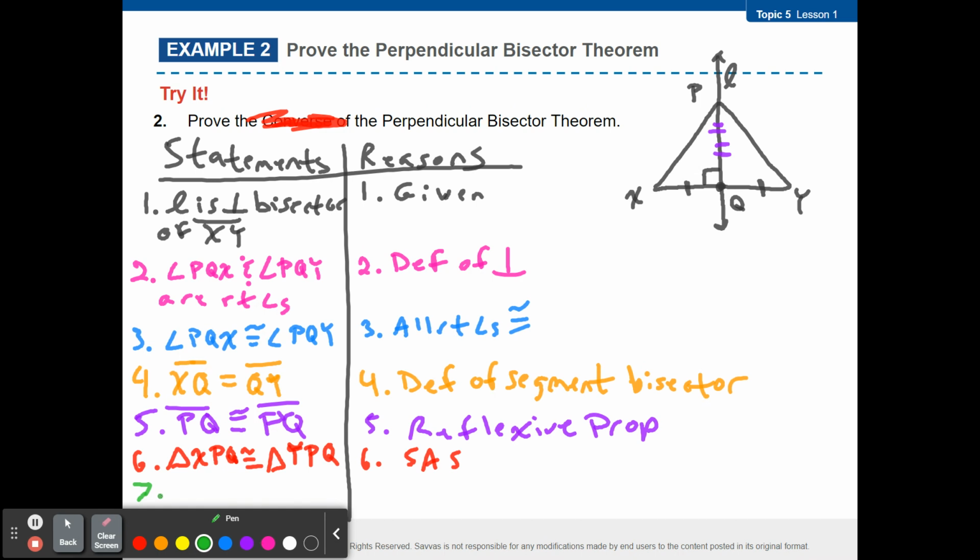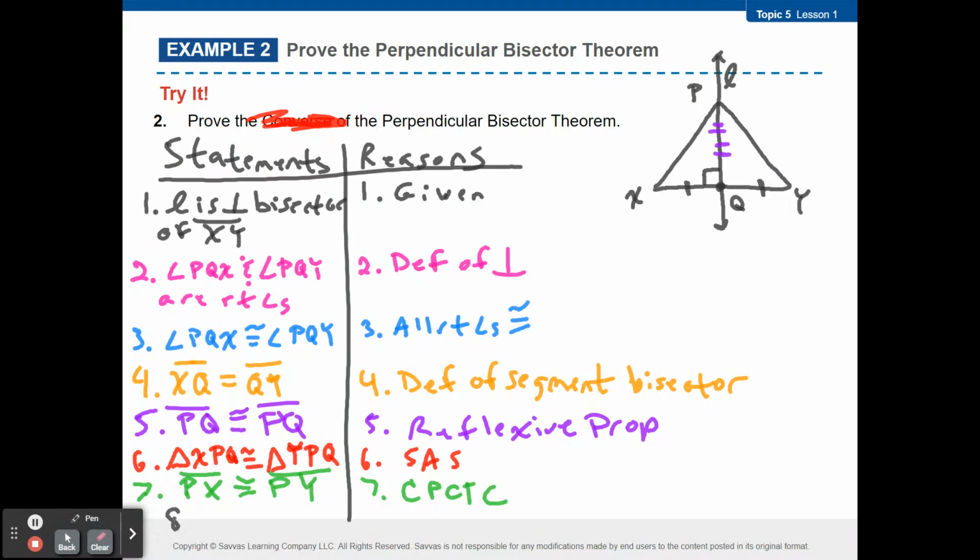So I'm going to state that PX is congruent to PY by CPCTC. And then my last step is going to be that PX is equal to PY by definition of congruent segments.